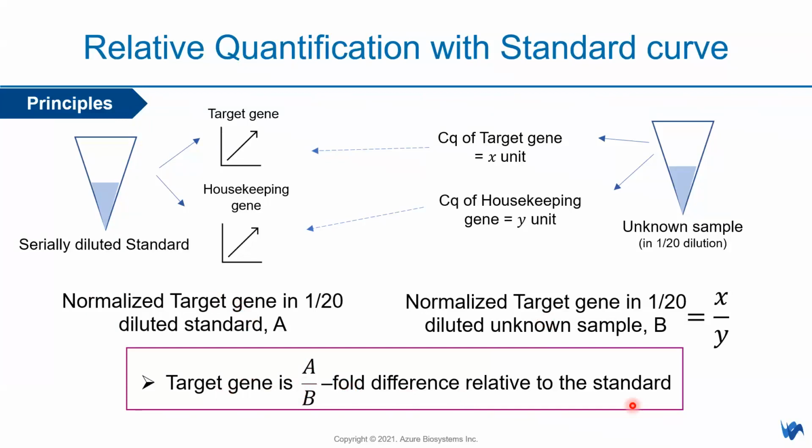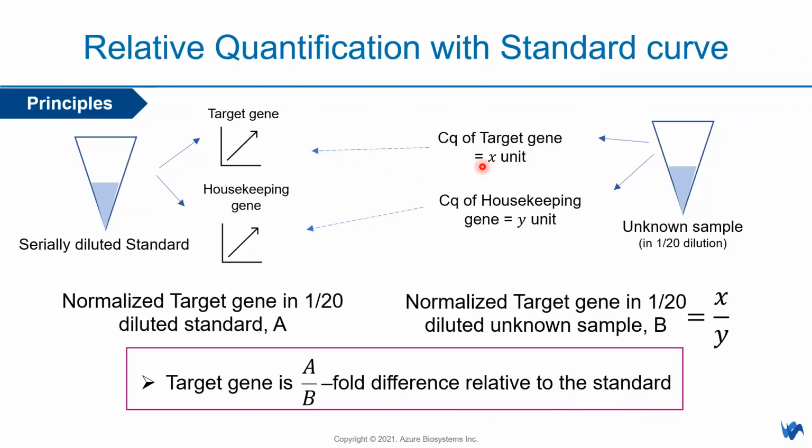The standard here can be your wild type, your unknown, your total protein, total RNA, or anything. As long as you have the standard and you know the qPCR efficiency is correct, then it's fine. It says it counts in the qPCR efficiency because you are using the same primer set.